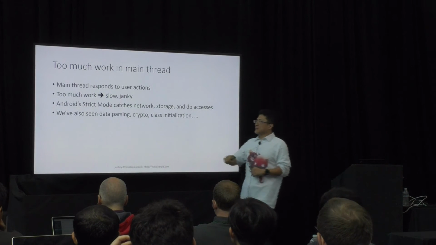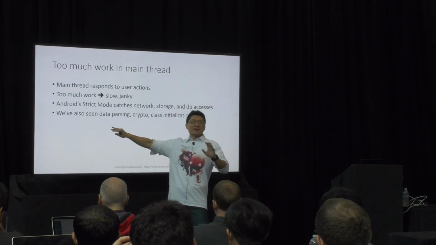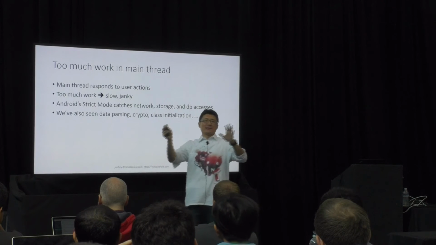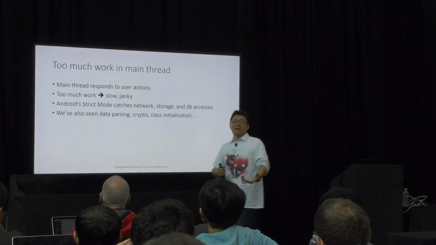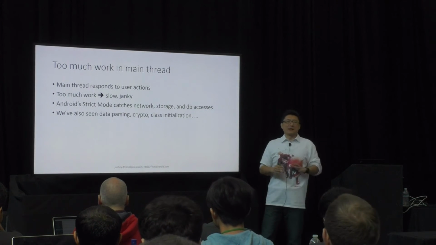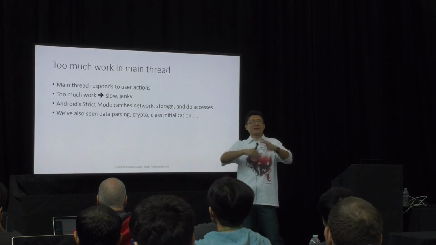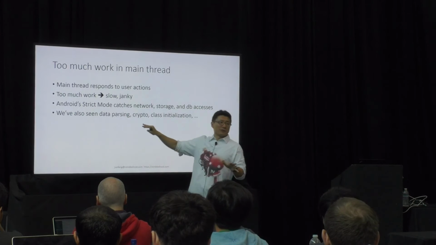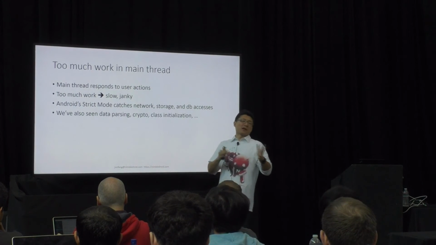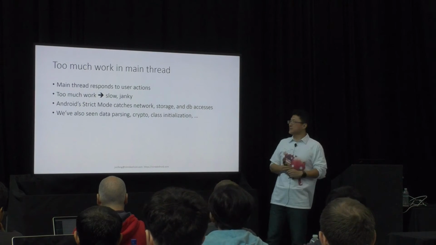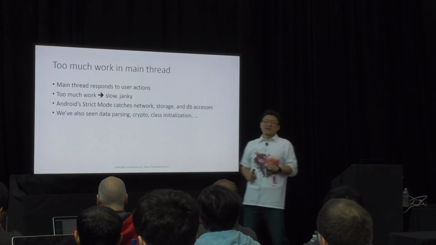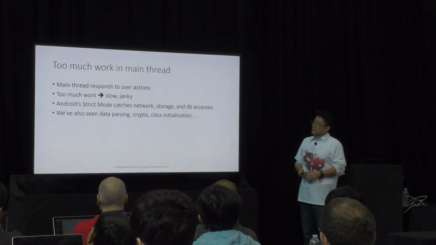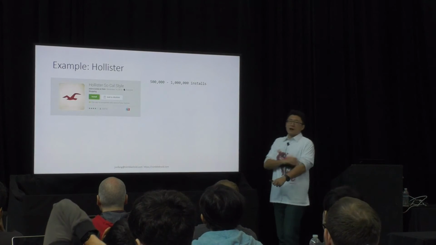For example, we've seen apps parsing a whole lot of data, right? Although the data is acquired through a background thread, once the data is fetched from the network, the UI thread spends a lot of time parsing data, and that can be slow. And we've seen apps doing crypto operations, secure random or Bitcoin operations in the main thread, and a lot of initialization operations. So I'm going to show you one example in this Hollister app.